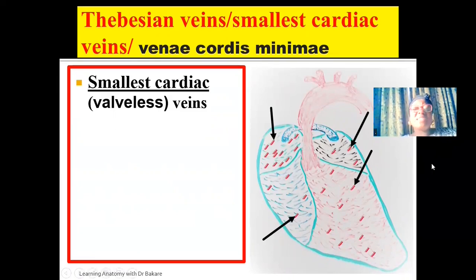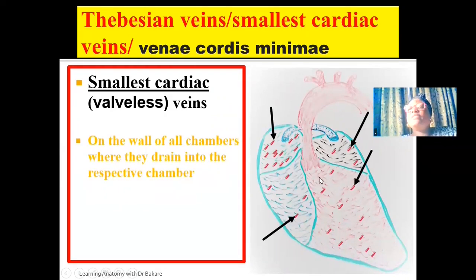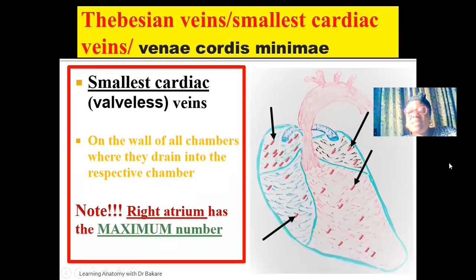But the Thebesian veins are the smallest cardiac veins, smaller than the small cardiac vein, and they are seen in the 4 chambers of the heart, and this is what is arrowed here in black. So these smallest veins are seen to drain deoxygenated blood from all the 4 chambers of the heart, and where they drain this blood into is in their respective chambers.